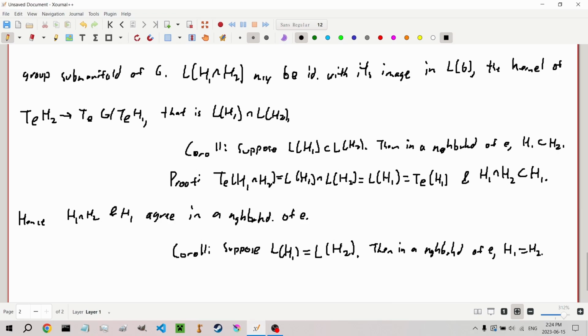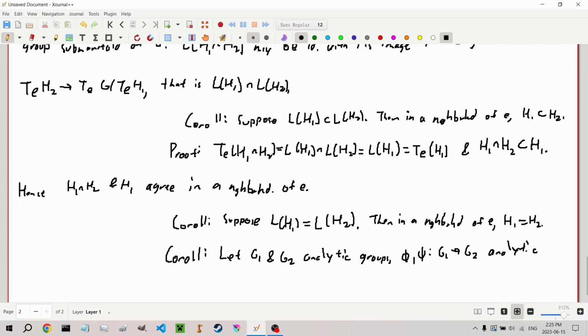There's another corollary where we're going to let G1 and G2 be analytic groups, and let phi and psi from G1 to G2 be analytic group homomorphisms.